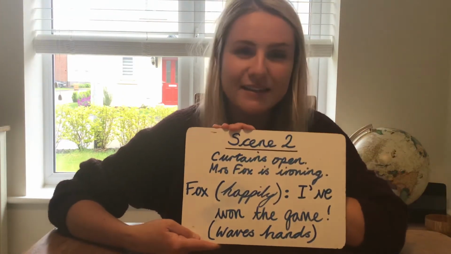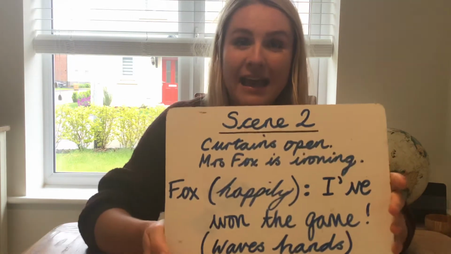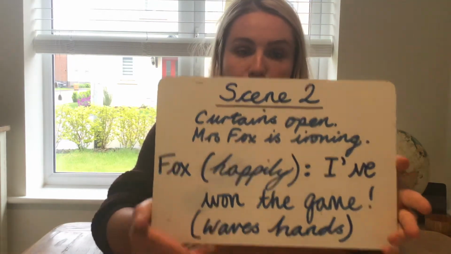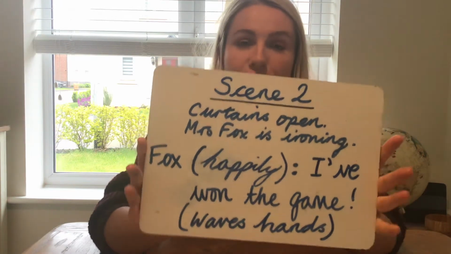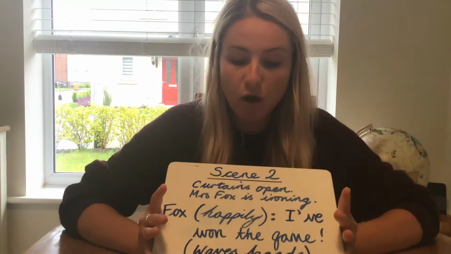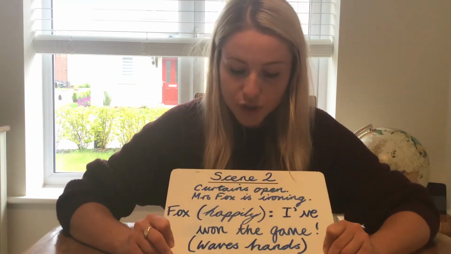So on my board here, I've copied out, I've actually adapted it slightly. It's not word for word exactly as it is in the script. But I've copied out a section. This is the kind of thing I want you to do in your book once I finish this video. You could do a longer bit if you wanted to. You could challenge yourself and write your own sentences. You could adapt it a little bit like I have. But you're going to copy a section out and then show me all those features.